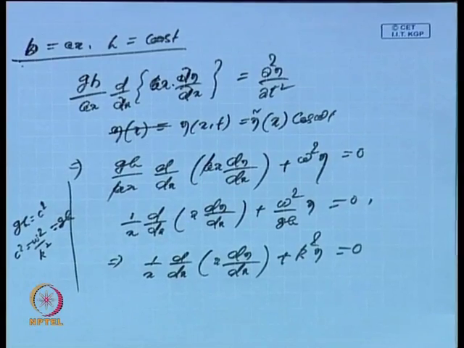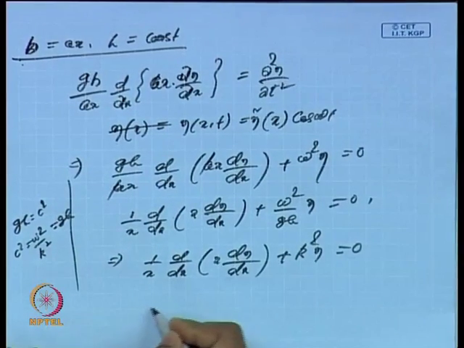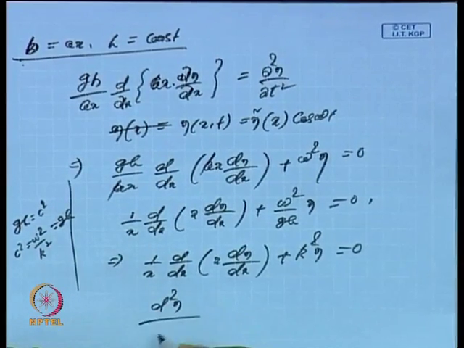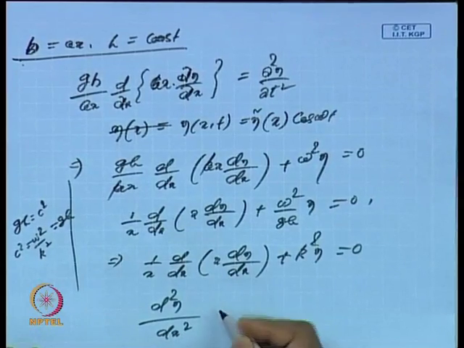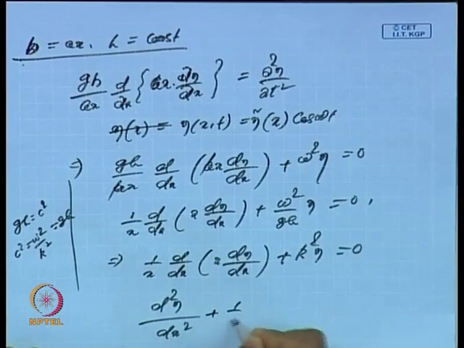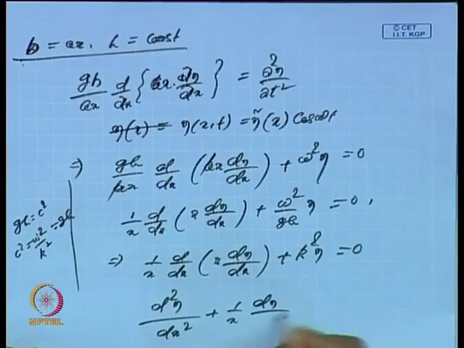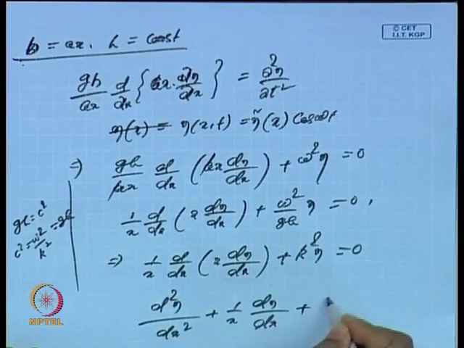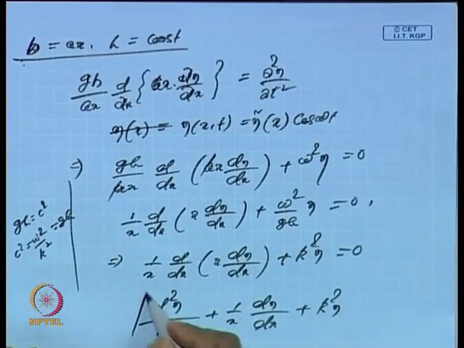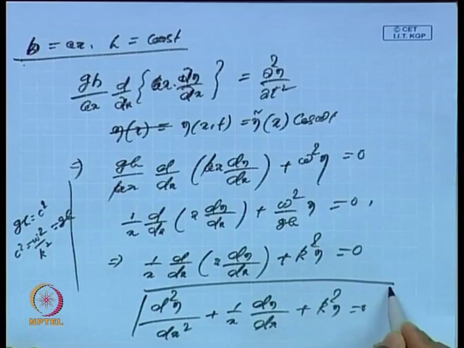If I further simplify this, that will give me d square eta by dx square plus 1 by x d eta by dx plus k square eta equal to 0.